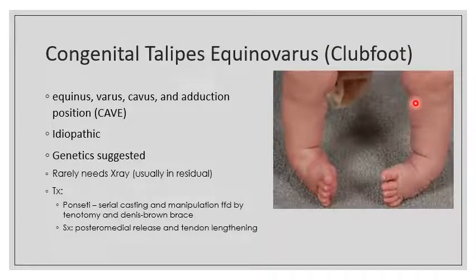Next condition is the congenital talipes equinovarus, or the clubfoot. The muscle contractures contribute to the equinus, varus, cavus, and adduction position, or our mnemonic is CAVE.